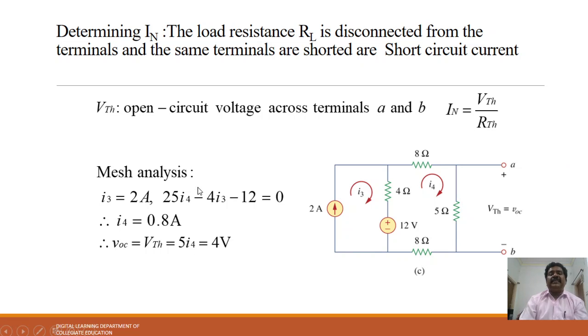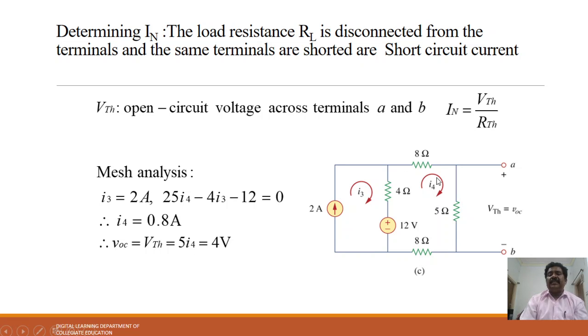Applying the mesh analysis method for the given circuit, we name the currents I3 and I4 for the different meshes. Suppose I3 is 2 amperes, and I4 is the current we want.